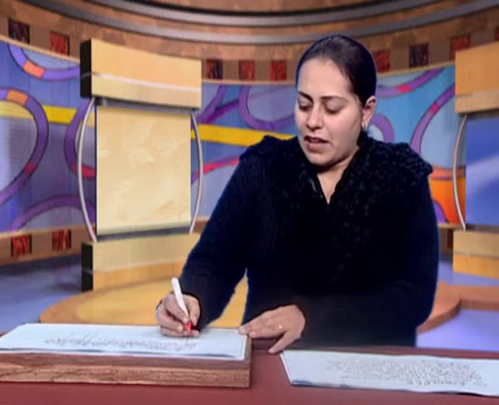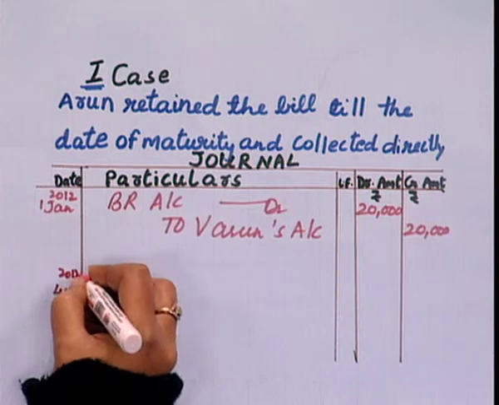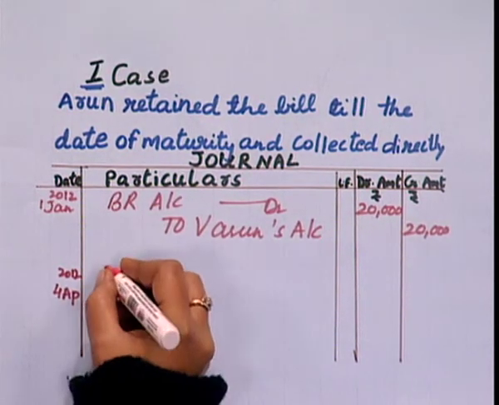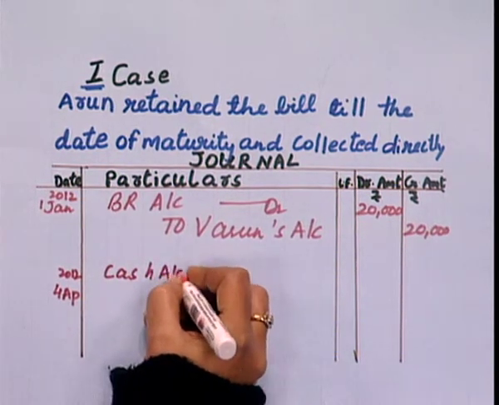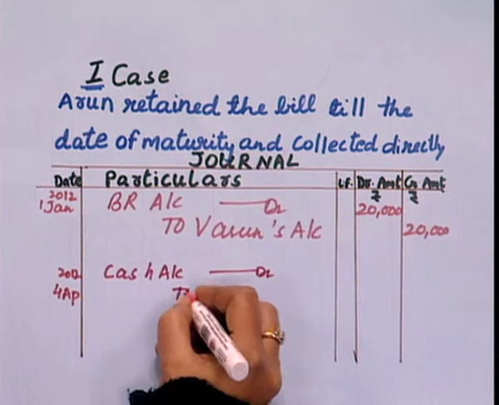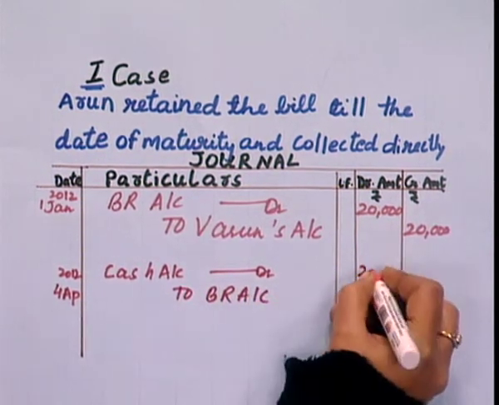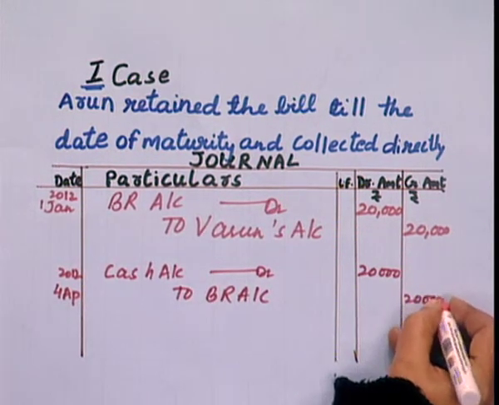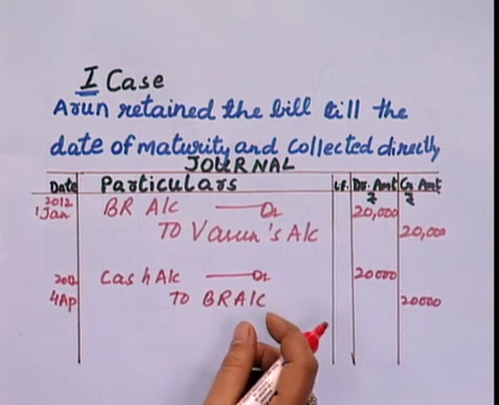On the due date, that is 4th April year 2012, he will be receiving the payment. For that, we will be passing the entry cash account debit to bill receivable account 20,000, and the narration for that will be being amount received, being bill received.